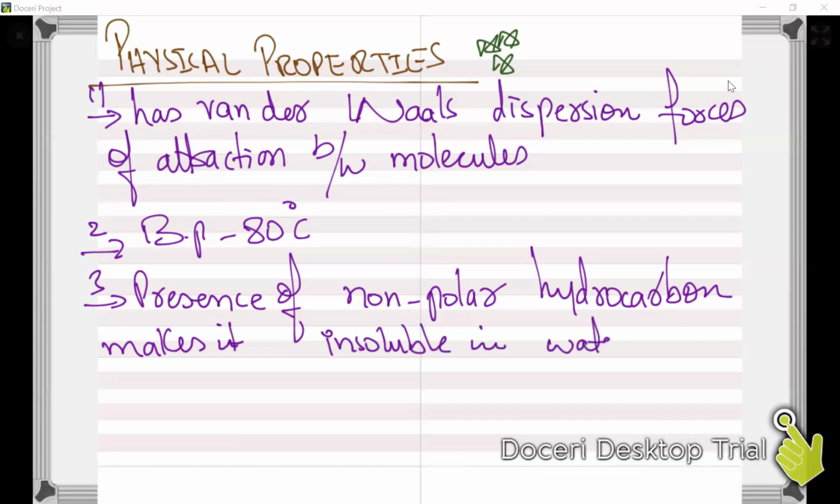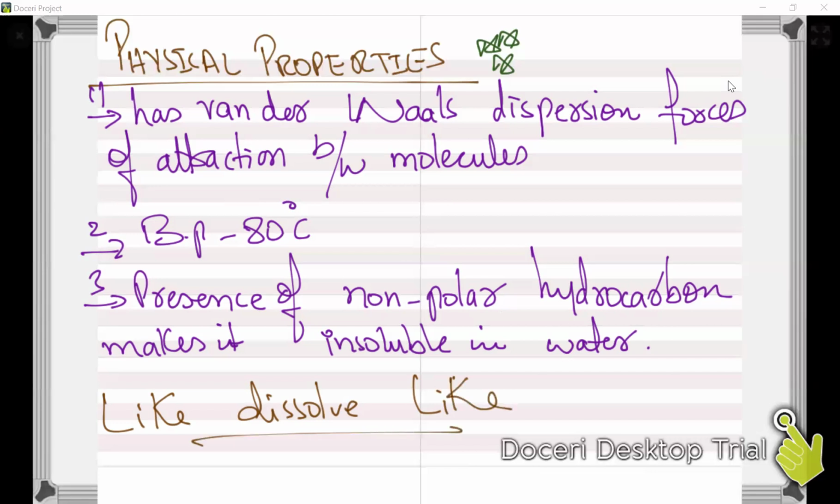I hope you understand that there is a concept in chemistry which says like dissolves like, which means that the thing like dissolves like. So water is polar. So water is going to dissolve either an ionic compound or maybe a polar compound in it. So the ones which are non-polar can be dissolved in non-polar solvents, which generally are the organic solvents.